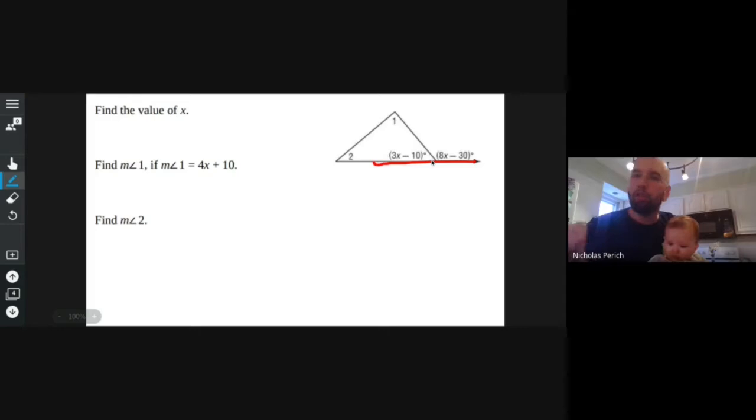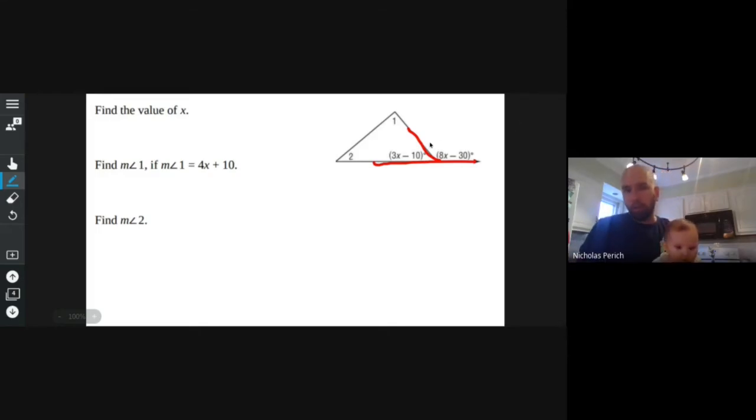See how these 2 angles, when glued together, make a straight line? When 2 lines are glued together and they make a straight line, that means those 2 angles add together to form a 180-degree angle.